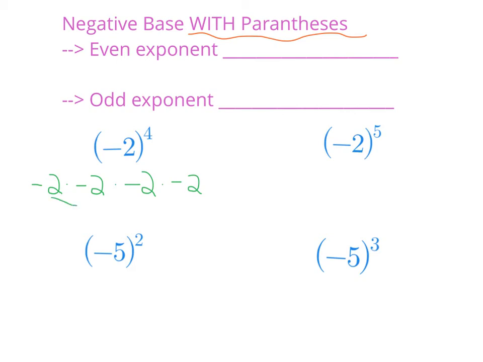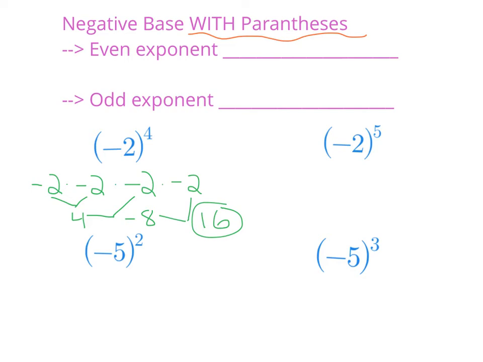So a negative times a negative, positive 4. And then let's see, if you multiply by a negative, it goes to negative 8. And then negative 8 times a negative, it goes to a positive 16.